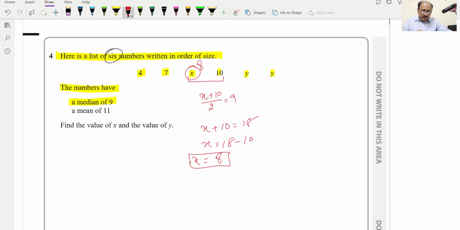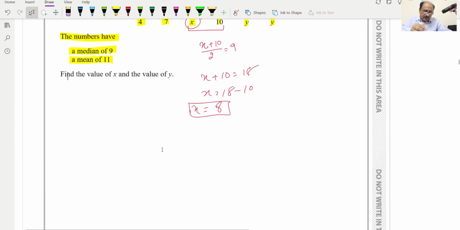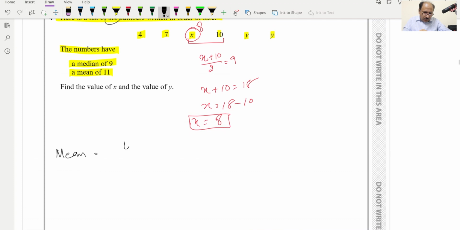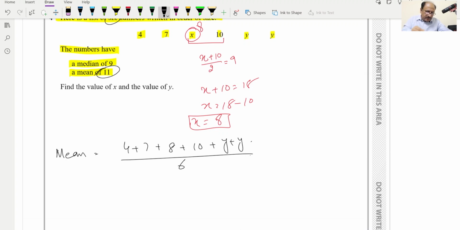We can write here 8, and now it's also provided that the mean is 11. So mean will be equal to, by adding the given numbers, 4 plus 7 plus 8 plus 10 plus y, divided by, these are 6 numbers, so divided by 6, and it is provided that this is equal to 11.